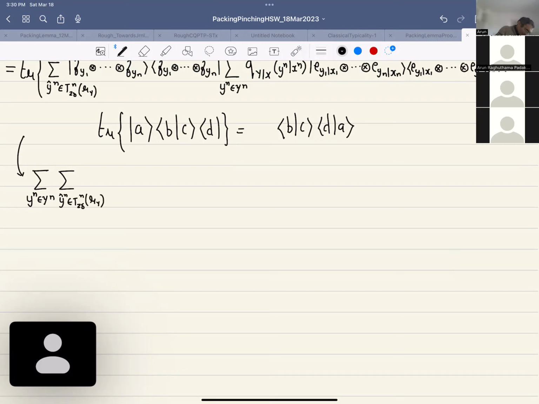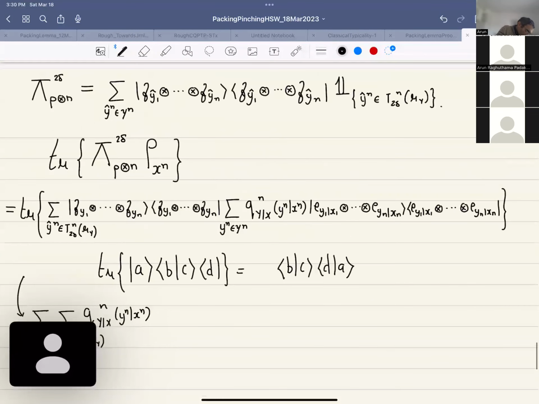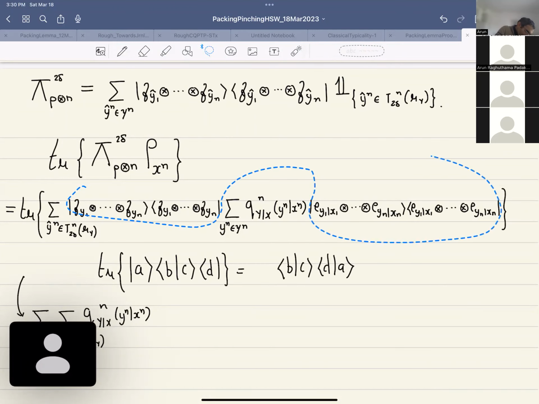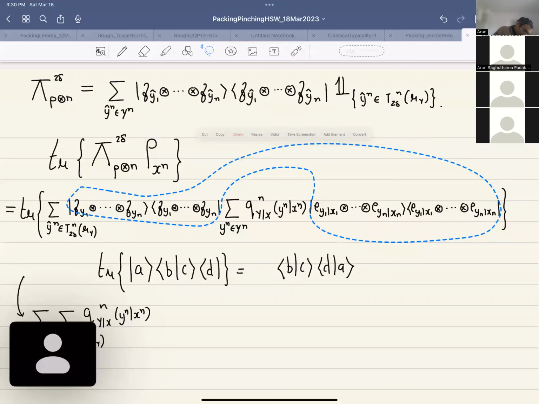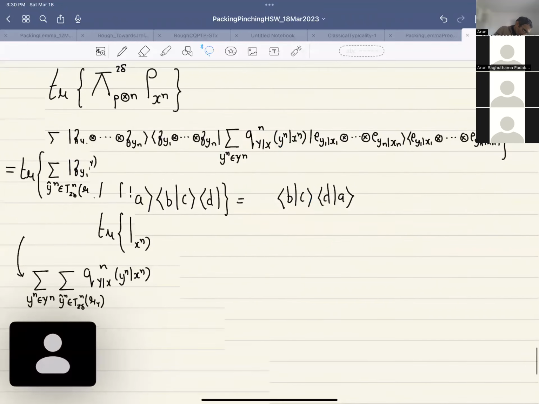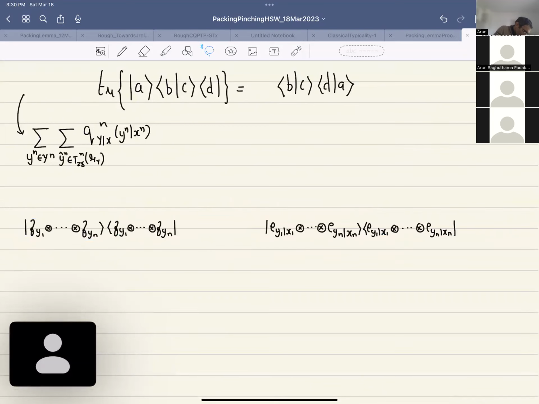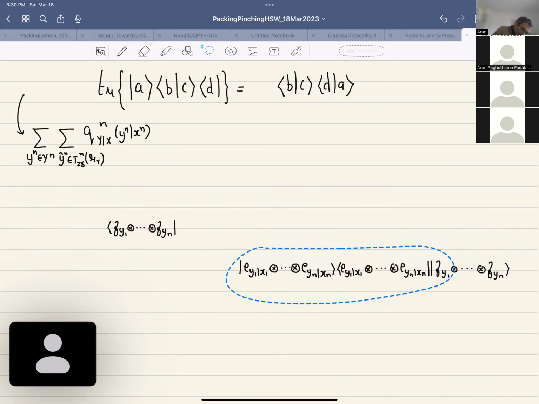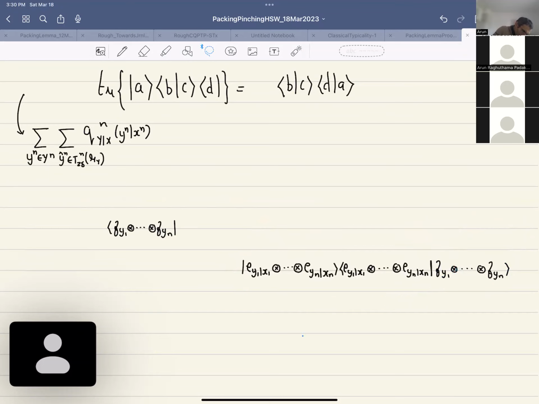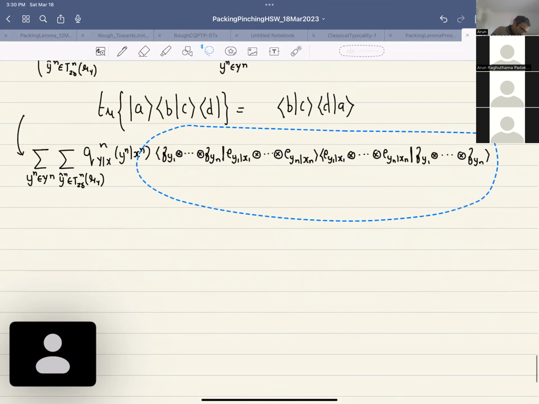Okay. Qy given xn of yn given xn, that term is as is. Now I'm going to do a little bit of copy pasting. So this is my operator, product of operators. Now this one will go right. That's it. So I just took the term on the left to the right.